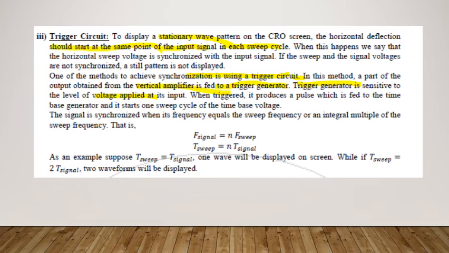When the trigger circuit opens, it produces a pulse, and we send the pulse to the X time-base generator to give the output. The signal is synchronized when signal frequency is equal to sweep frequency or an integral multiple of sweep frequency.